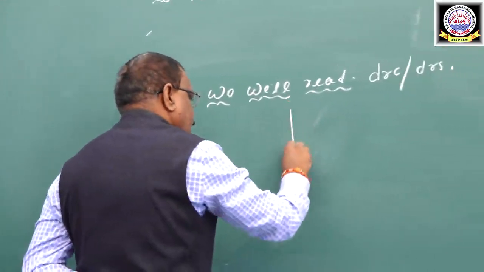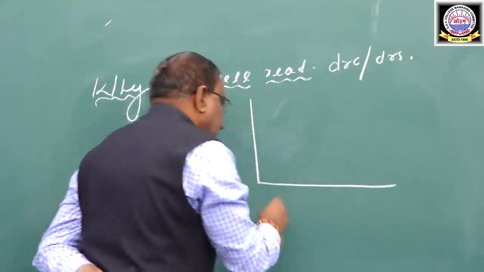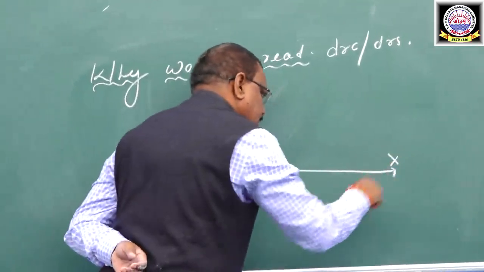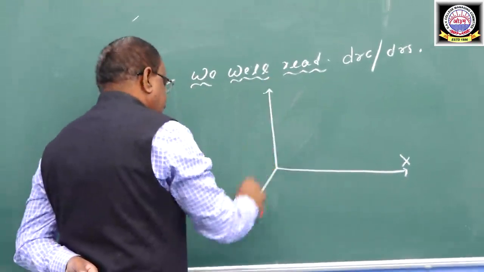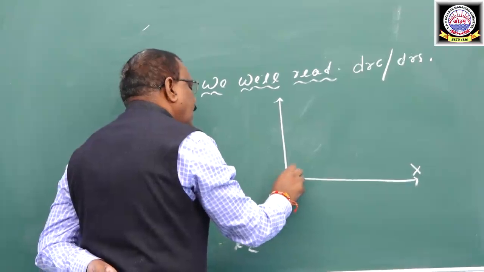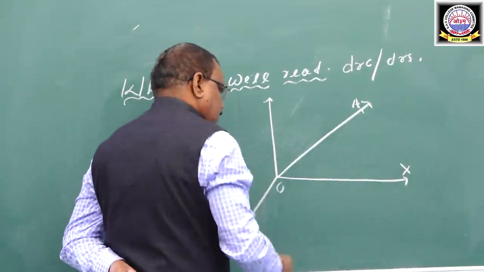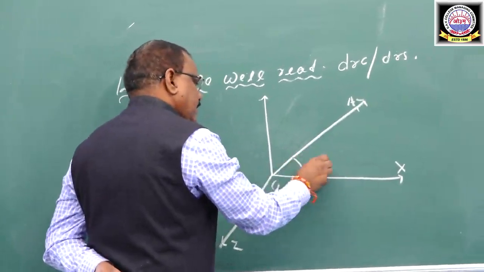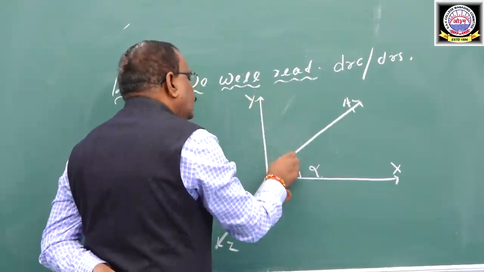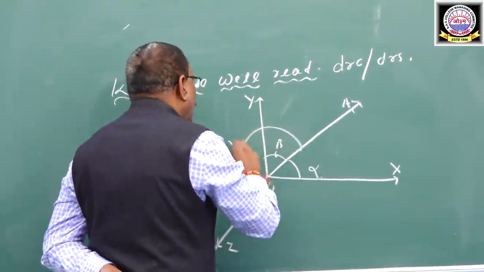Say I am taking the x-axis, the y-axis, the z-axis, and the origin. I have taken either a line or a vector. Let it make angle alpha with the x-axis, angle beta with the y-axis, and angle gamma with the z-axis.